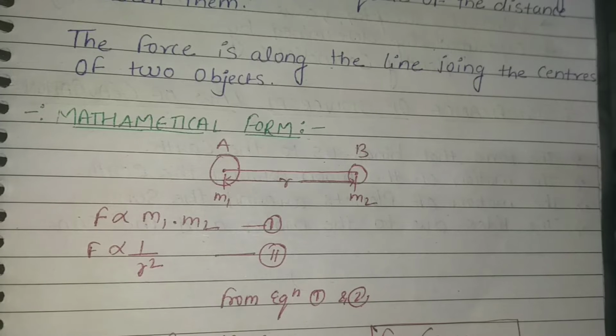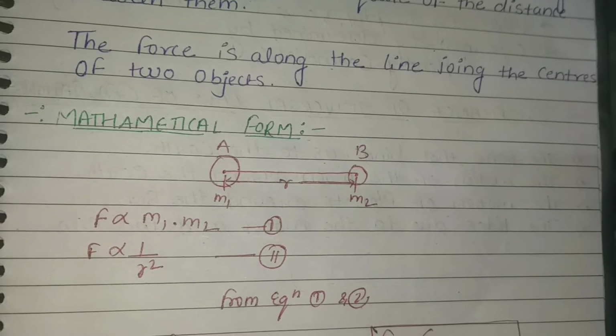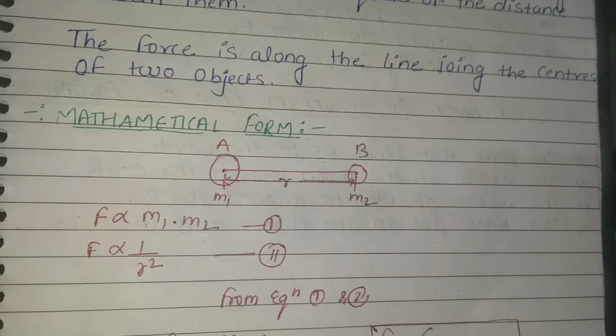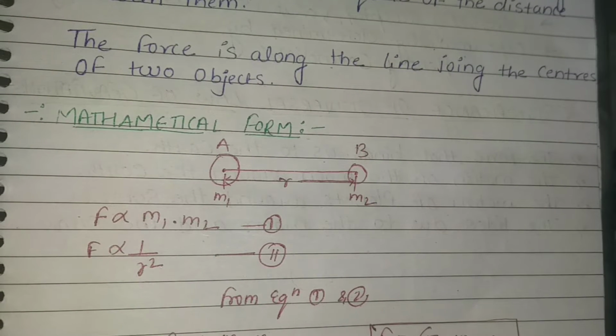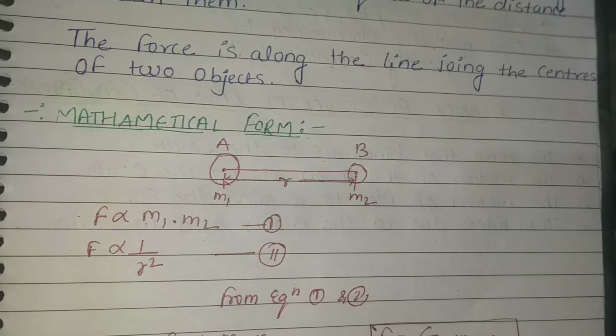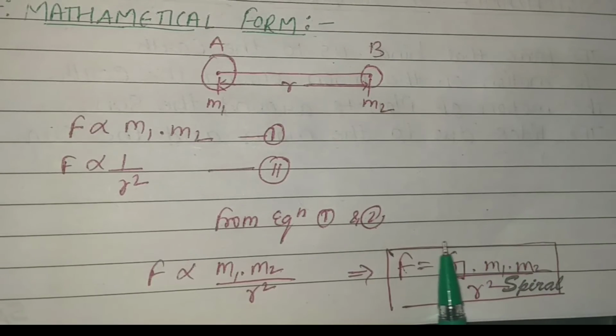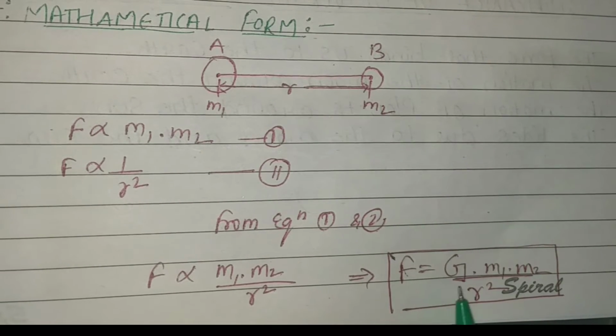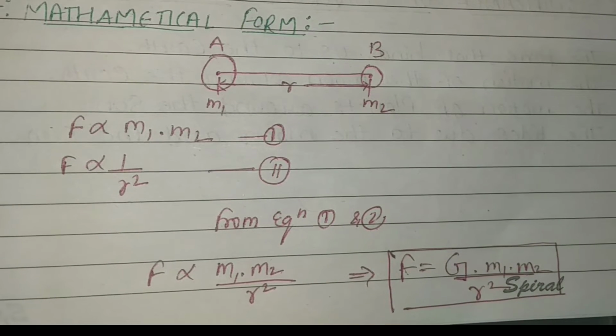We have to remove this proportionality sign by putting in a constant of proportionality. So we use the capital G, which is the constant of proportionality and is also known as the universal gravitation constant.